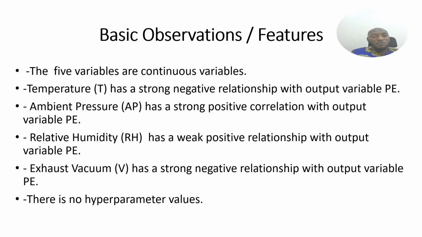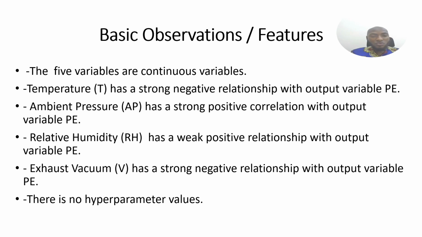In terms of the features of the variables, which is the 9,568 observations, the basic observation after using simple Excel calculations like descriptive statistics and correlation analysis is that the five variables are continuous variables.